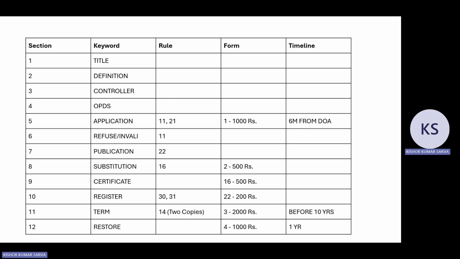Remember that. Section number 6, I have mentioned refuse or invalidation. It talks about whether your application can be refused or invalidated. There are certain conditions. If your design was already published, say a convention application, we will come back to that in section 44. In that case, there will be prior publication by the same author, the inventor or applicant.